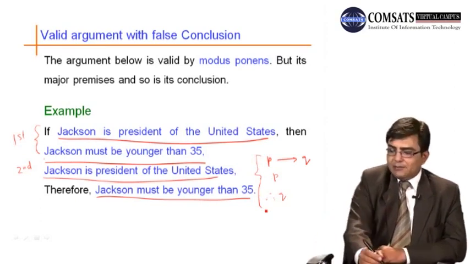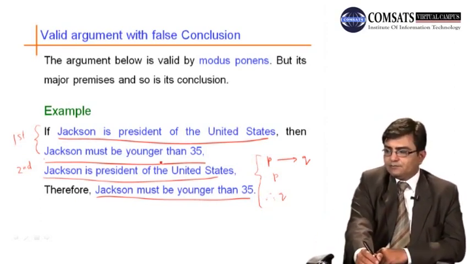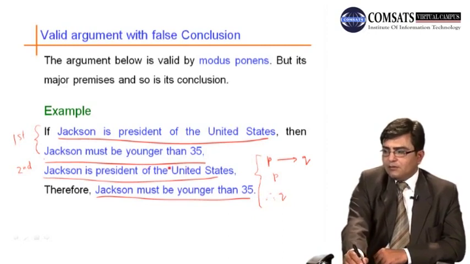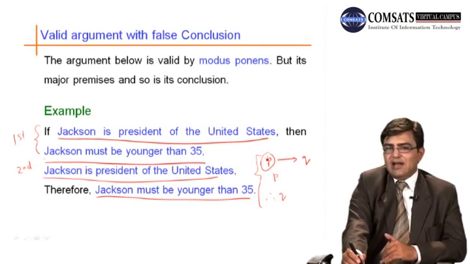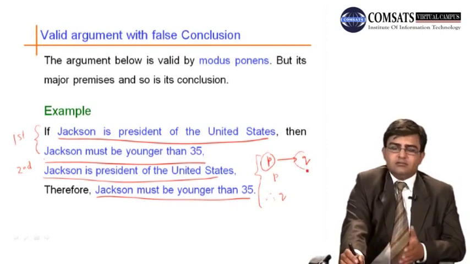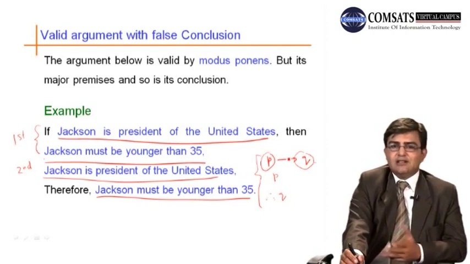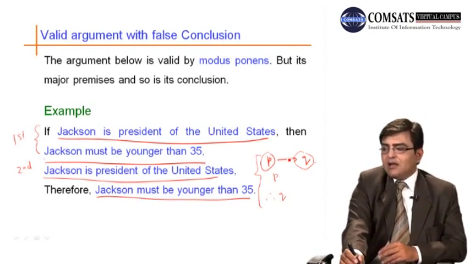But the individual premise P is not true in the real world. Jackson was never president of United States, and Jackson, when he died, was not younger than 35 years.